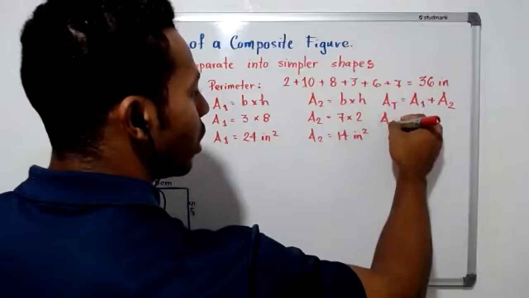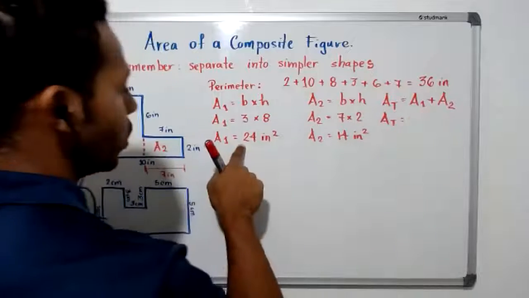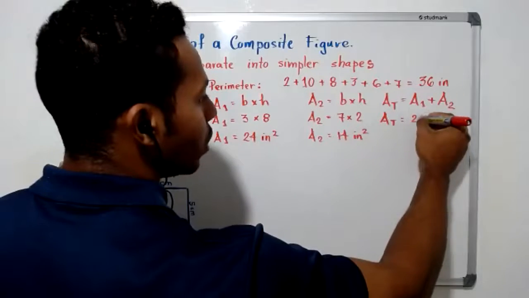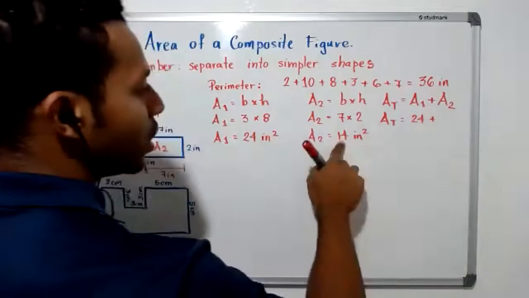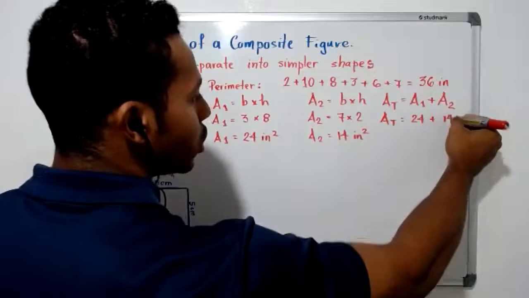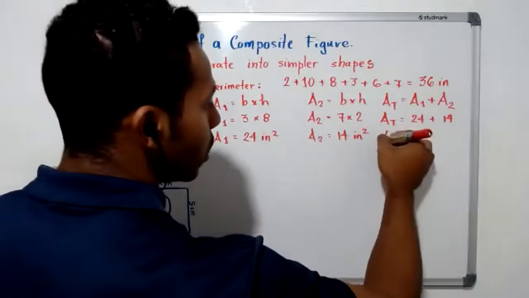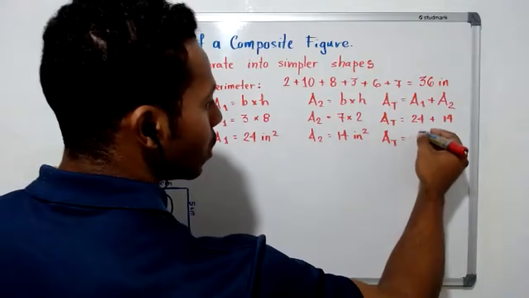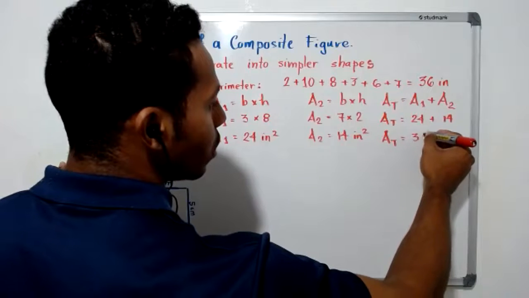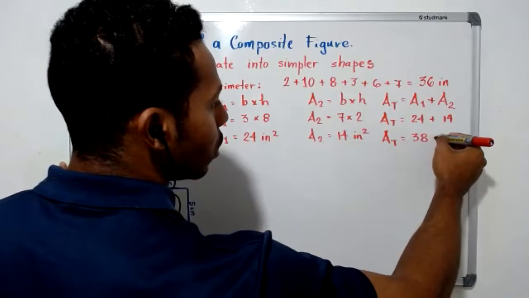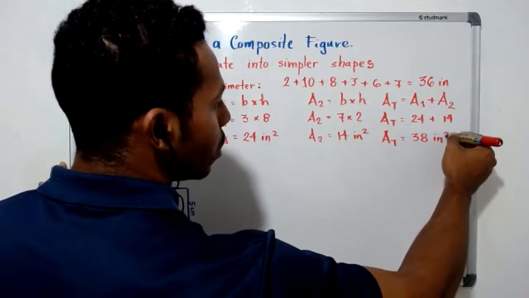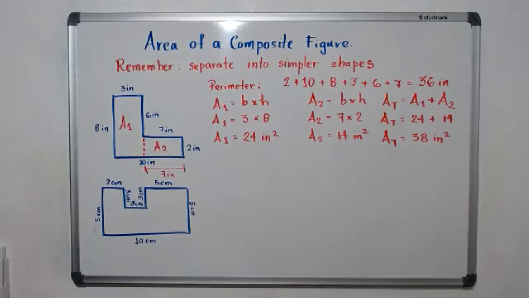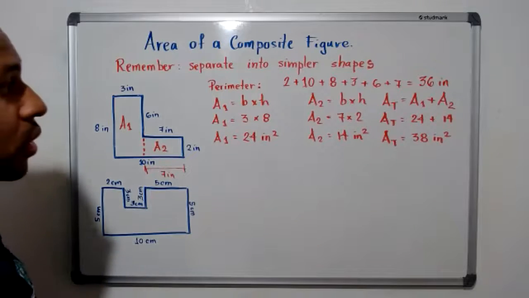We need to add together 24 square inches plus 14 square inches. 38. That is 38, profesor. Yeah, square inches. Okay, me confundo con eso.